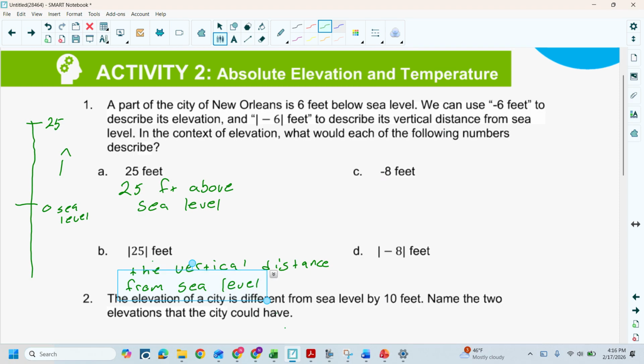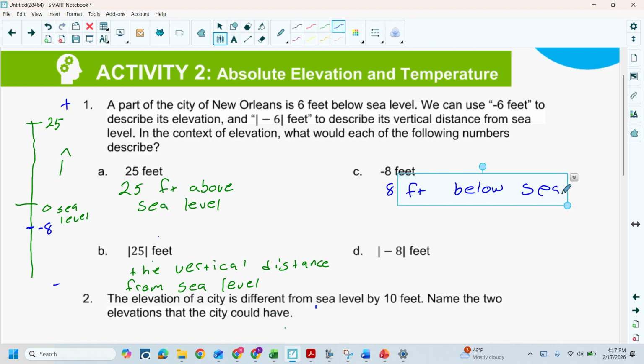Well, negative 8 feet. Well, that'd be down here. Because it went down, it's below sea level. So positives are up here, negatives are down here. So 8 feet below sea level.